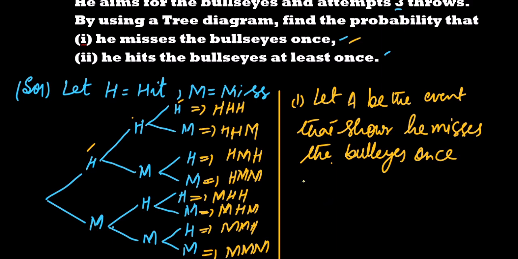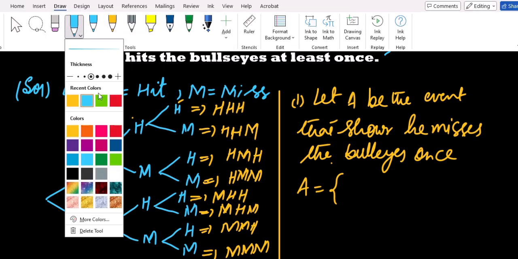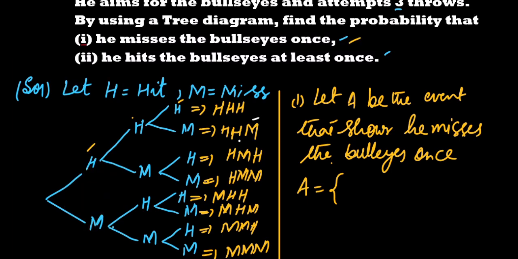Then the possible outcomes in A: here we have to find all those outcomes in which there is a single M. So you can notice that the single M is here. The first outcome is HHM, the second one is HMH, the third one is MHH.